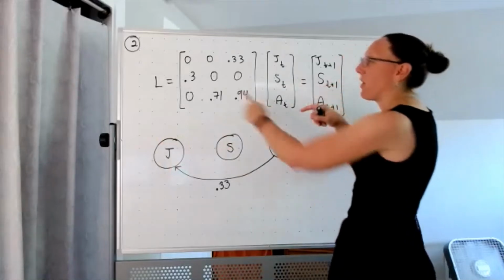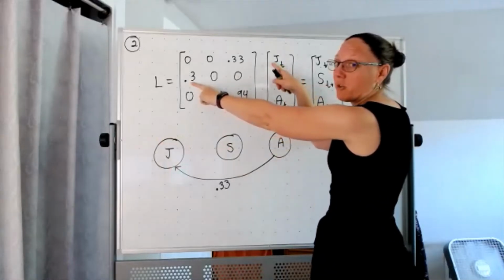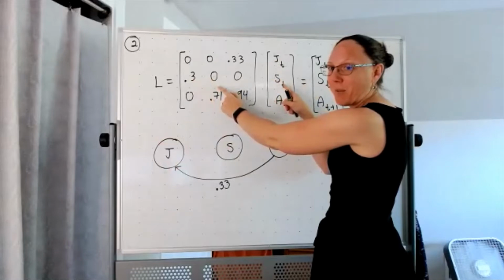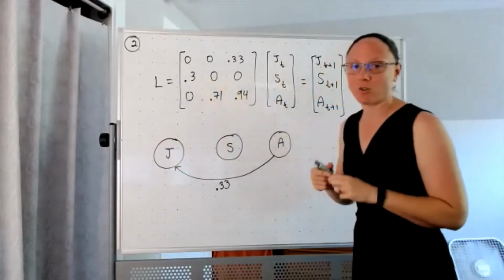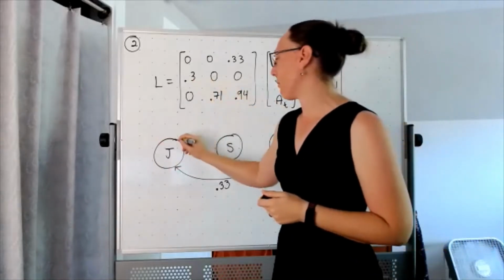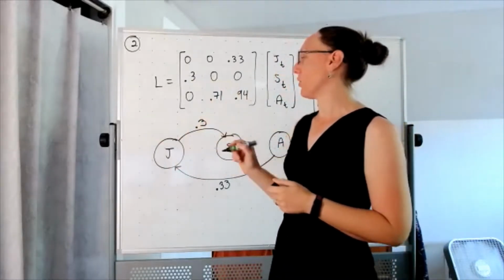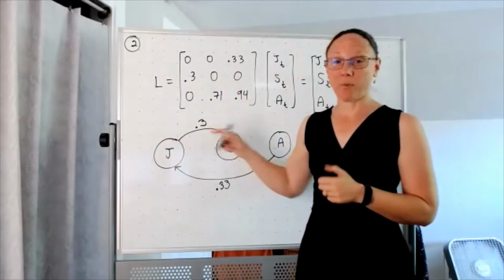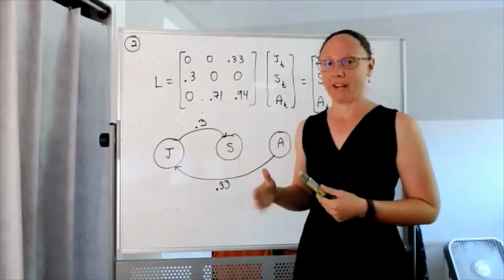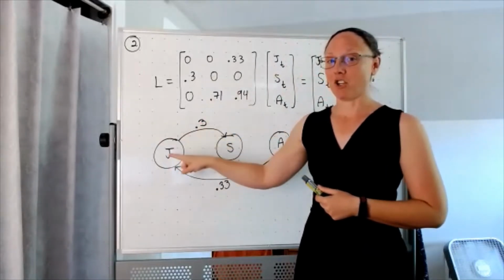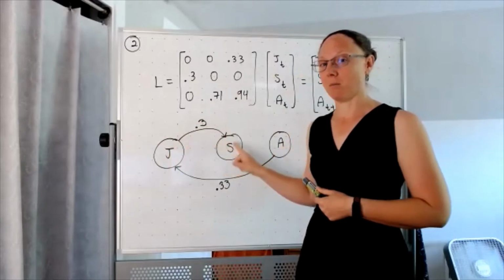To get that next row, I'd have 0.3 times my juveniles plus 0 times my current subadults plus 0 times my current adults. So I'll need 1 arrow from our juveniles to our subadults with a coefficient of 0.3. Now I can also think about that as telling me the survival rate. So 30% of our juveniles survive to become subadults.